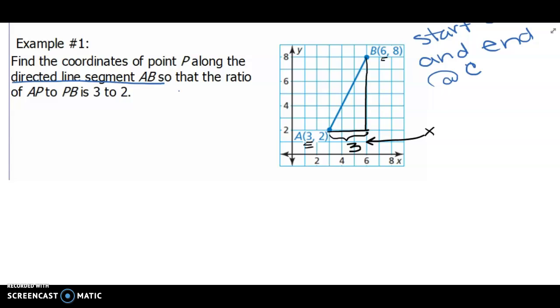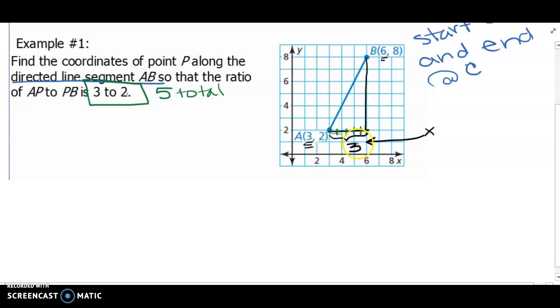What I want to do is cut these 3 units into 3:2 pieces. So this is 3:2, this is 5 total pieces. So I want to cut this into 5 equal parts. 1, 2, 3, 4, 5.